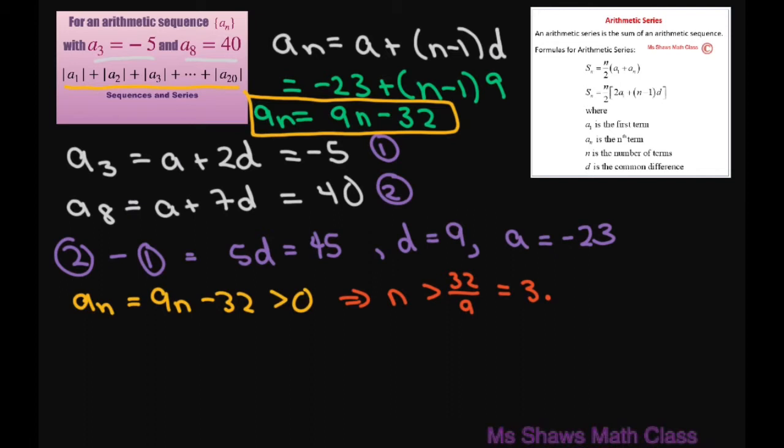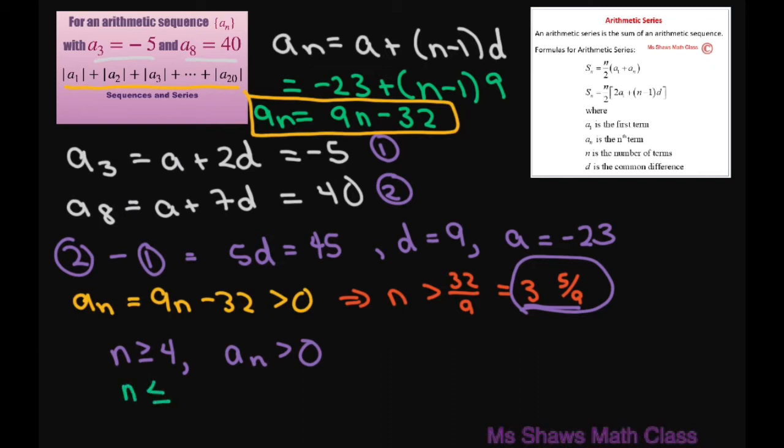What we want to look at is what this means, because we have just integers here. So if n is greater than or equal to 4, because we have to round up, that means our a sub n is positive. However, when n is less than or equal to 3, that means our a sub n is going to be negative.